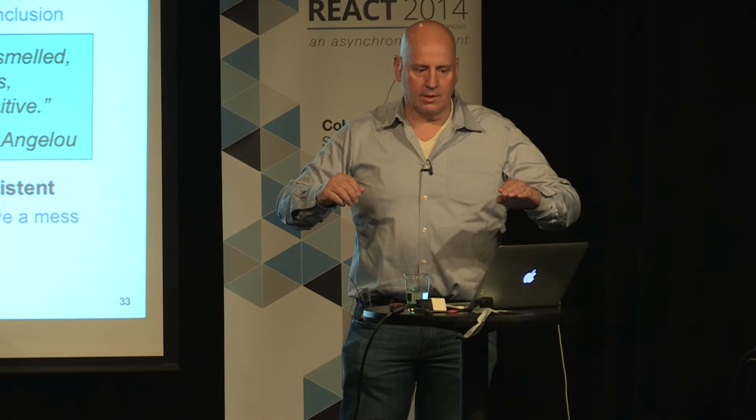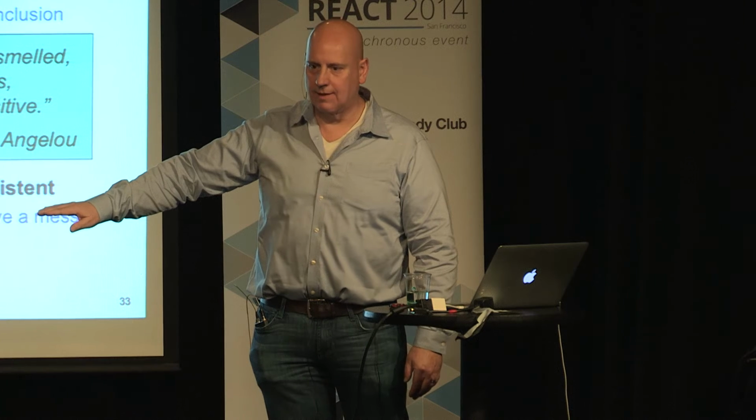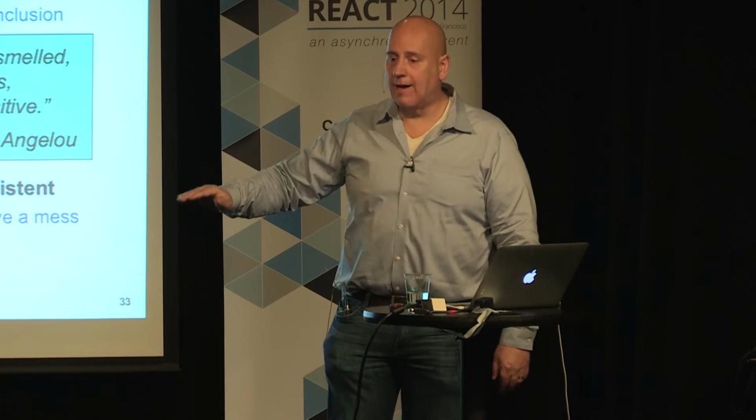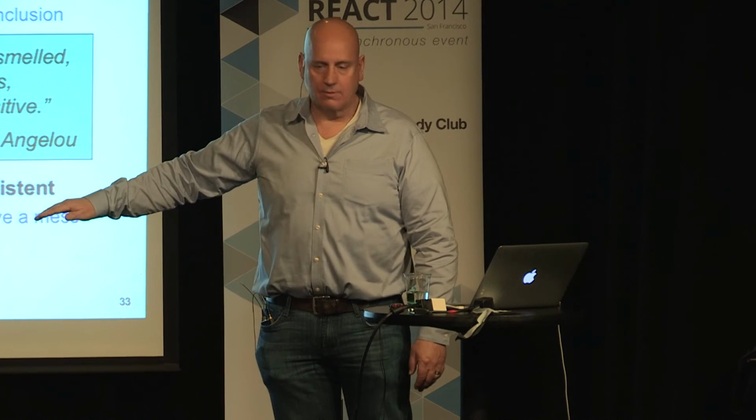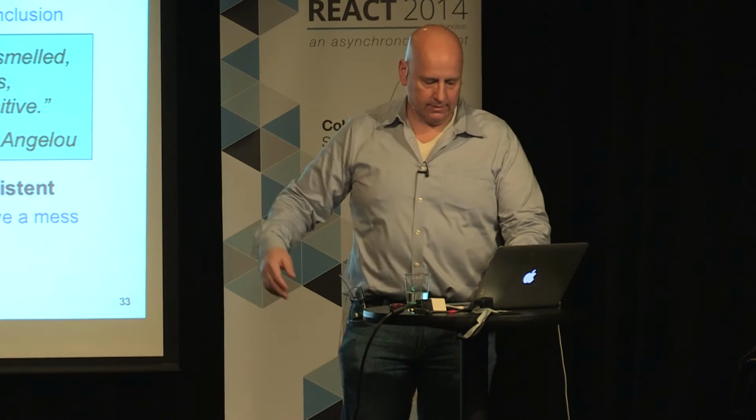You are the sum total of everything you've seen, heard, eaten, smelled, been told, forgotten. It's all there. Everything influences each of us, and because of that, I try to make sure my experiences are positive. Eventual consistency doesn't tell you how to be eventually consistent. It just says you'd better be or you have a bug, right? And so kind of isn't that useful, but it's okay, right?